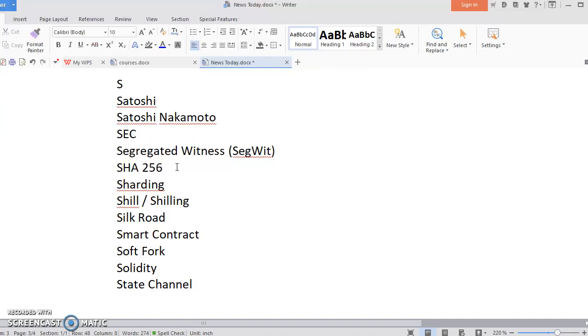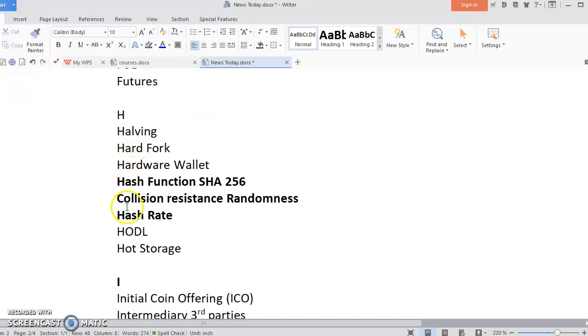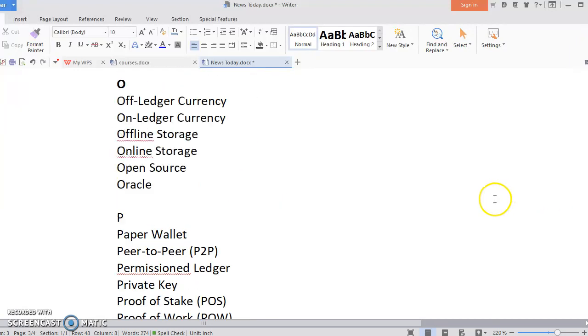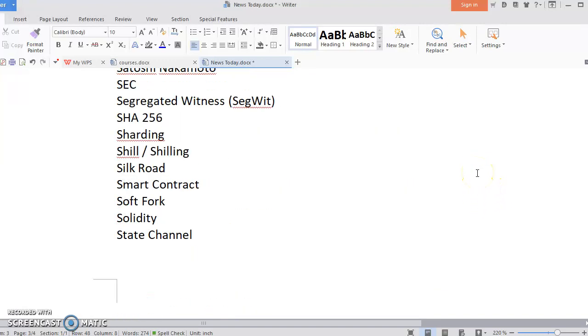I discussed hash functions earlier. You feed in an input, which we call a message, and this input could be of arbitrary size, any length. That's why we say it's arbitrary size.